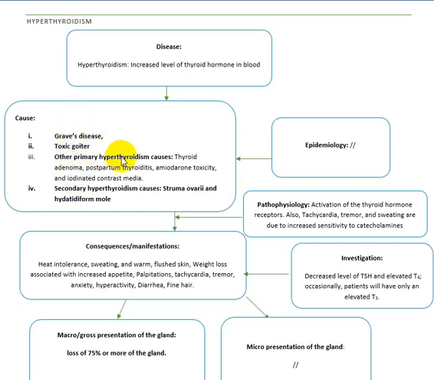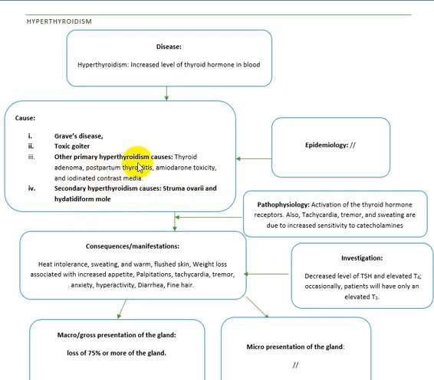Other primary hyperthyroidism causes are thyroid adenoma, postpartum thyroiditis, amiodarone toxicity, and iodine contrast media. Secondary hyperthyroidism causes are tumor ovary (struma ovarii) and hydatidiform mole.